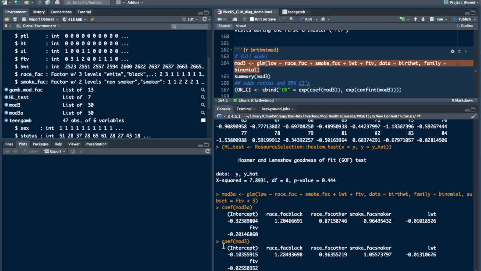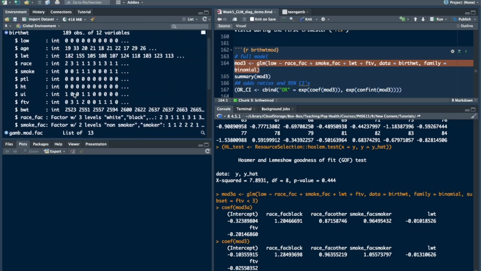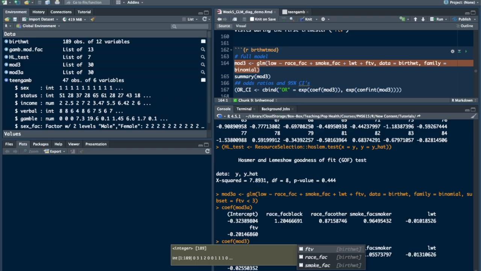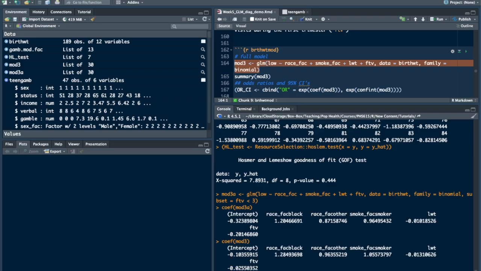Another thing you could do is just save the data set. So you could say, let's make a new data set, birthwt2, which is birth weight. And we can do the same kind of subset stuff, where we want all rows for which FTV is less than 3, comma.